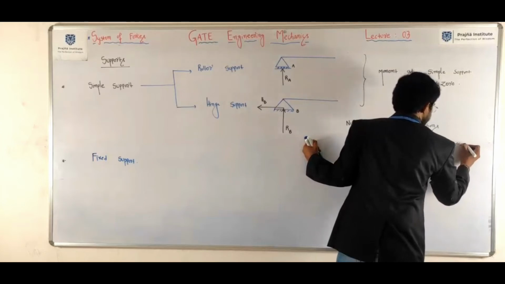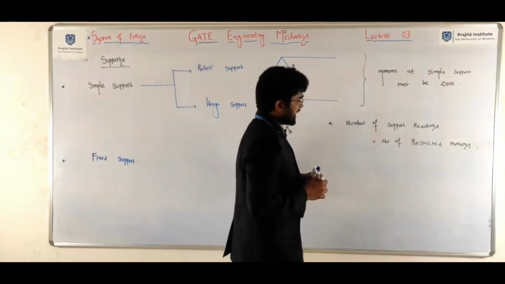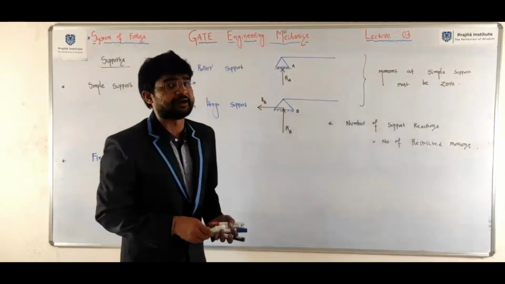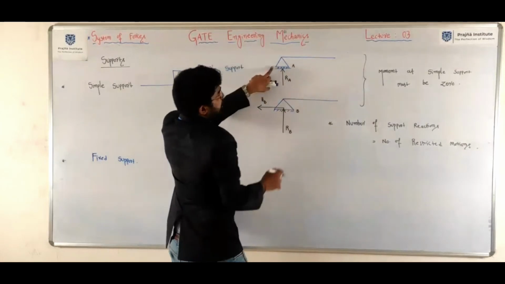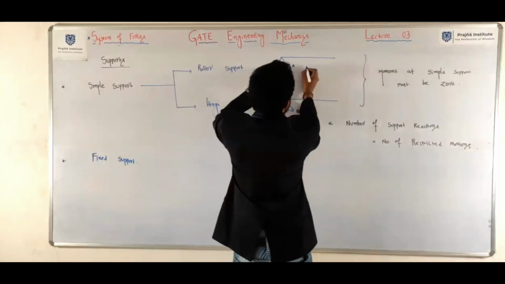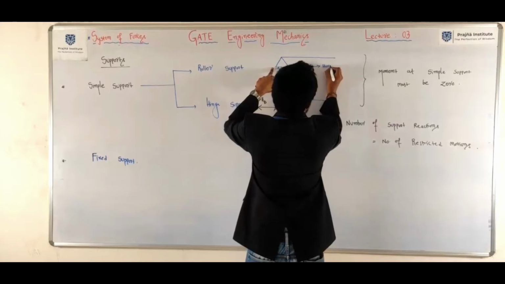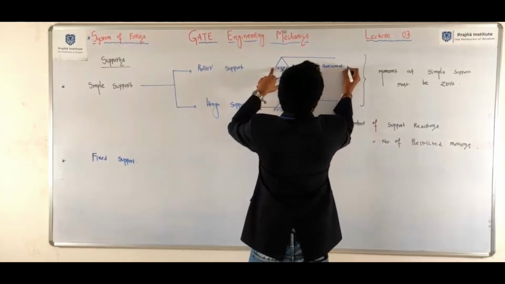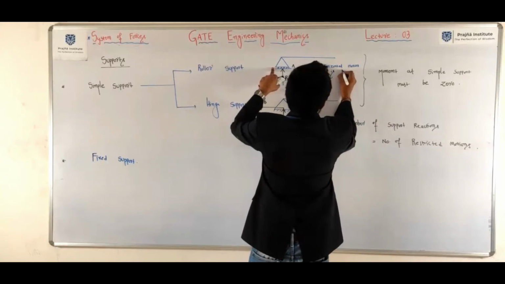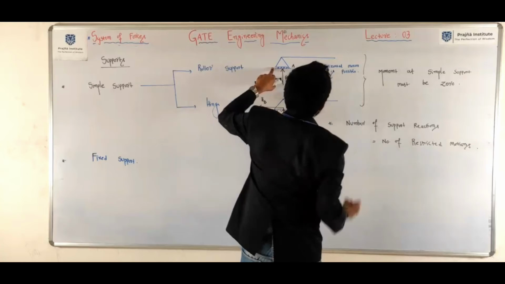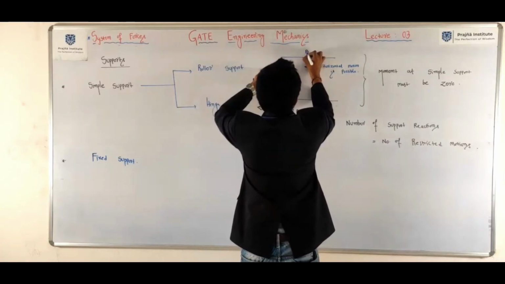Fine. This is the right thing: number of support reactions equals number of restricted motions. Here, horizontal motion is not restricted. Horizontal motion is possible. Okay. And the beam can rotate.